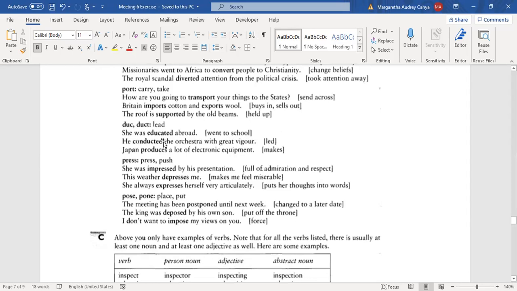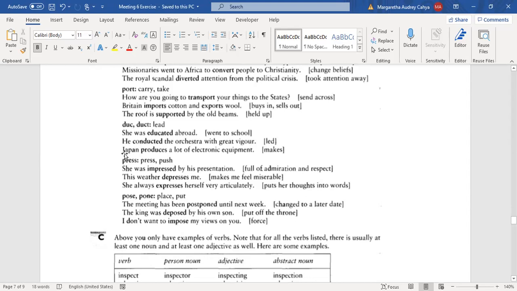And then conducted the orchestra with great figure, lead, ya. He conducted, dia itu kan jadi kan memimpin memang, mengadakan ya orkestra with great figure. Figure ini sangat bersemangat begitu.